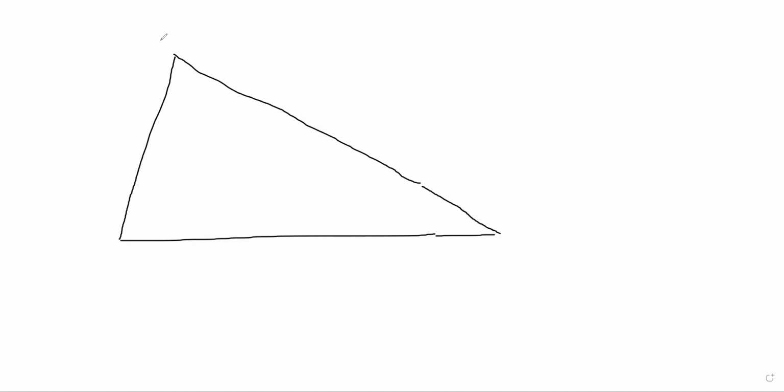This is the situation A, B, C. And we'll first draw orthocenter, 90 and 90. This is my orthocenter. Now I need centroid, so I need midpoints. Midpoint here, midpoint here.